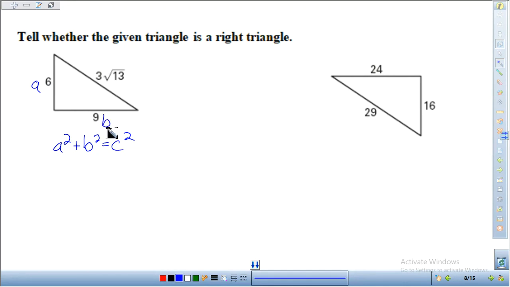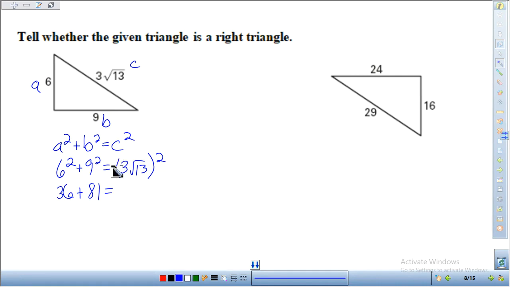In this case, we don't really have a hypotenuse necessarily because we don't know that it's a right angle, but that c must be our longest side. And you can see here that our longest side is going to be 3 root 13. Go ahead and simplify. Key part of simplifying this over here in your calculator, make sure that you either use parentheses around the 3 root 13, or you want to make this into a decimal first and then square that answer.